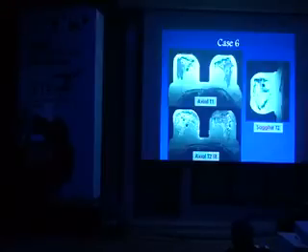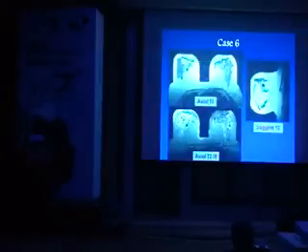So, let's go for the MRI. The MRI showed what? A marginally enhancing mass, with the center non-enhancing. Right? Go back.